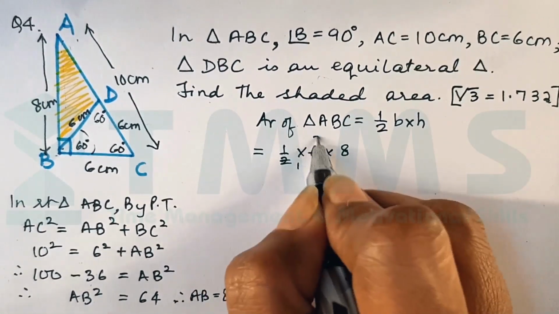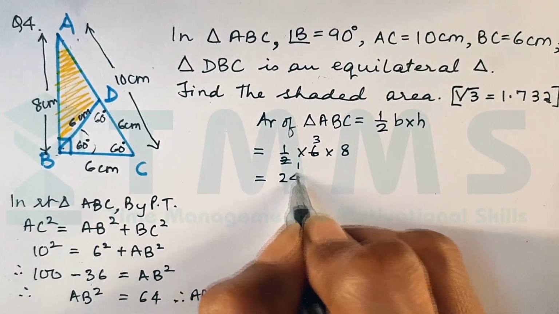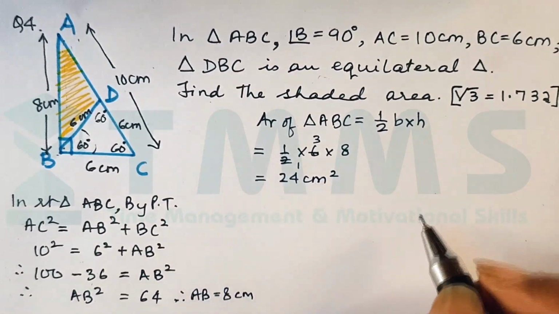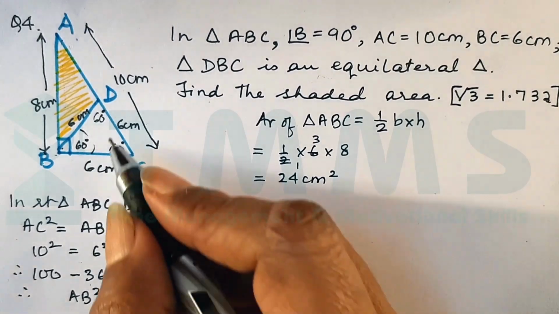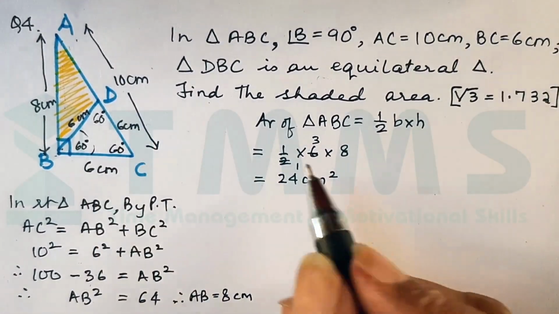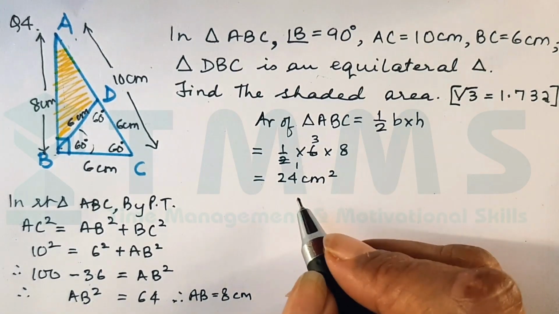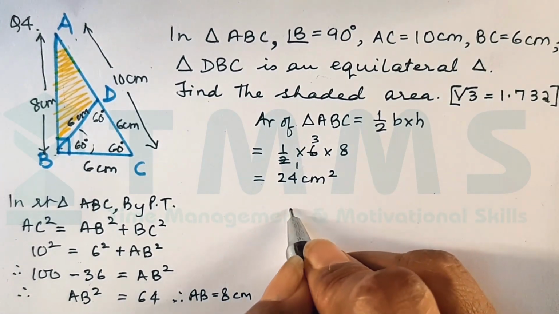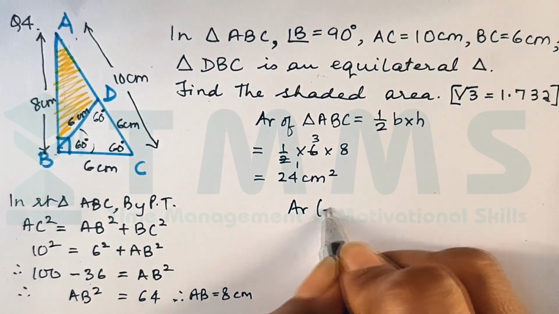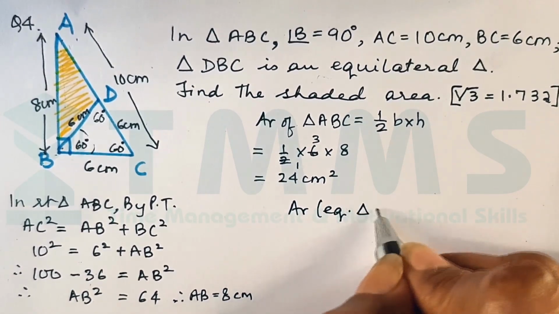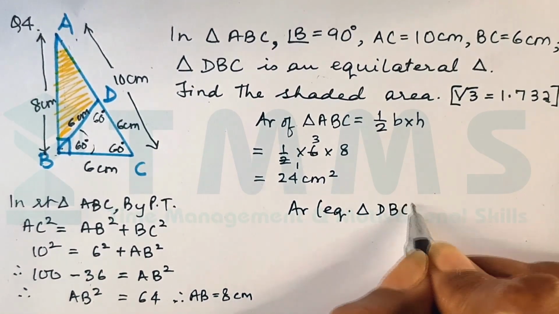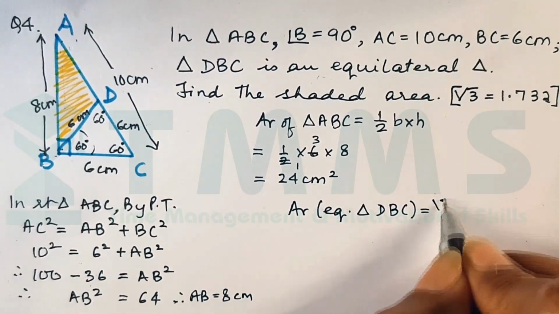How much is that? 24 centimeter square. Did we get that? Then we have to find this equilateral triangle. This equilateral triangle, each side is 6. Do we remember the formula for equilateral triangle? Area of equilateral triangle DBC is going to be, do you remember?